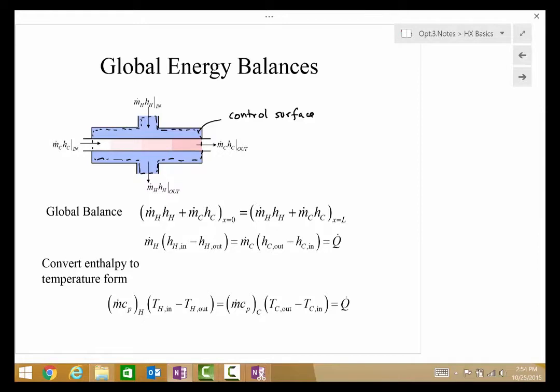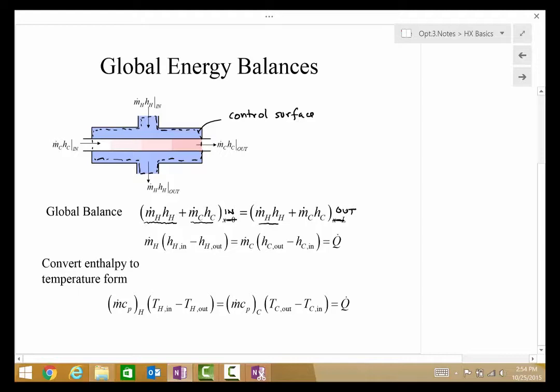So in this particular problem, we understand that globally the amount of heat transfer that comes in at x equals 0 is the flow rate of the hot fluid and the flow rate of the cold fluid times the enthalpies of the cold and hot fluid, and the stuff that comes out is the flow rates at the exit. And again, it's just m dot h h out, m dot c h out. Rather than x equals 0 and x equals L, because this is neither a co-flow nor counterflow, we just might say in and out.